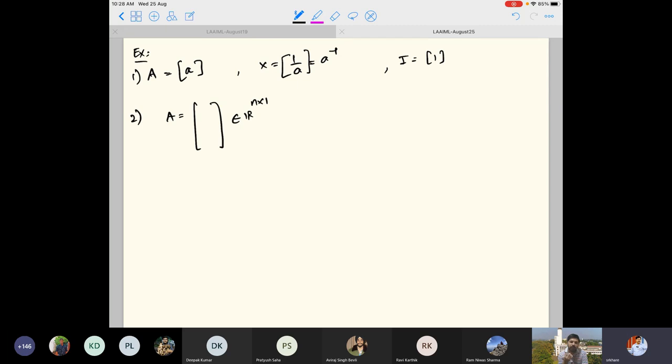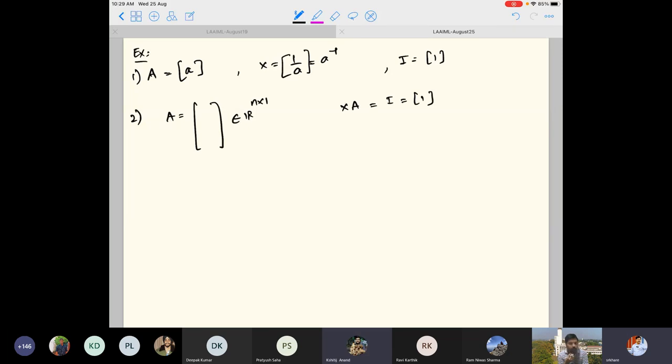You have to have a matrix X. That matrix X will multiply A and you will get identity. The identity will be the constant one. So can you guess a vector X which will satisfy this?